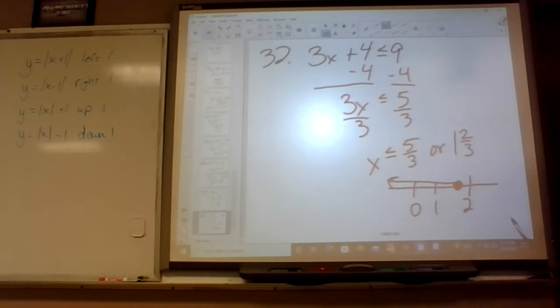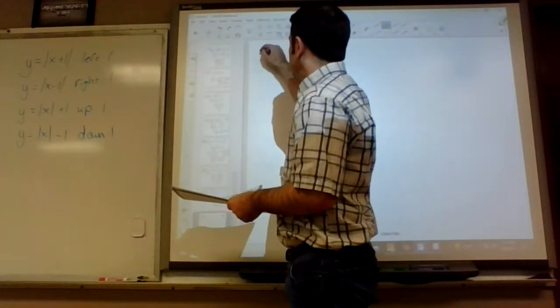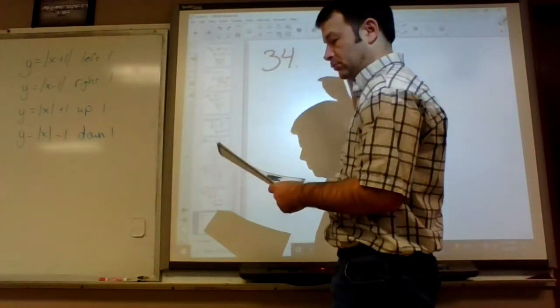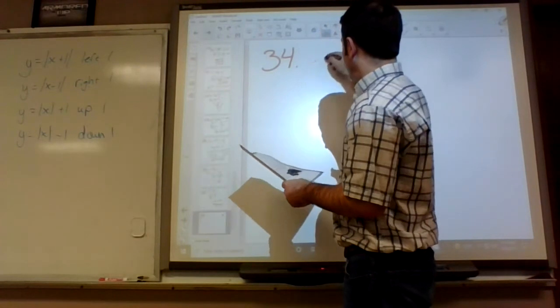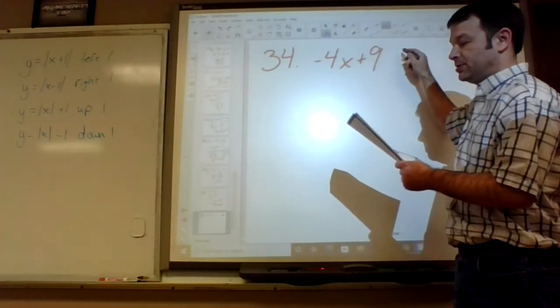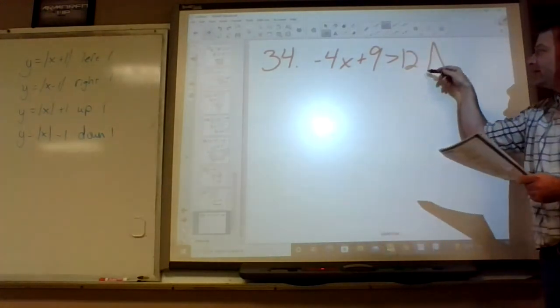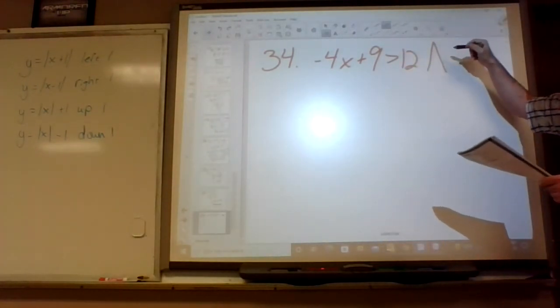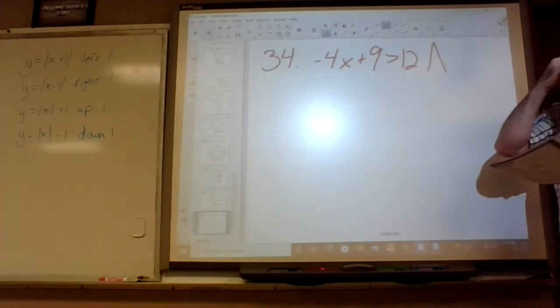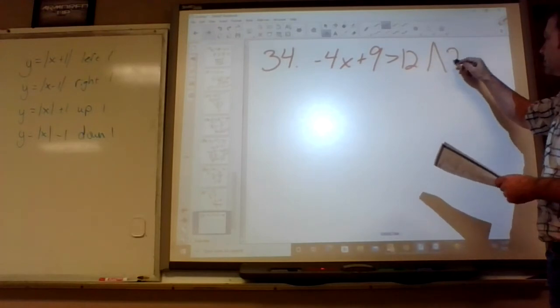And 34, it says and. Negative 4x plus 9 is greater than 12. You guys remember this symbol right here? It means and. 2x plus 7 is greater than 1.